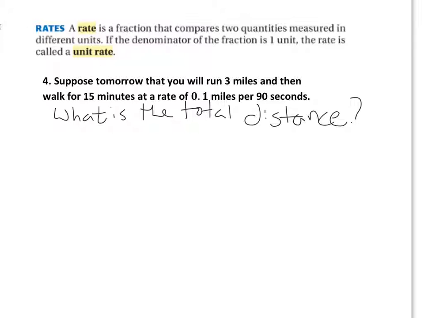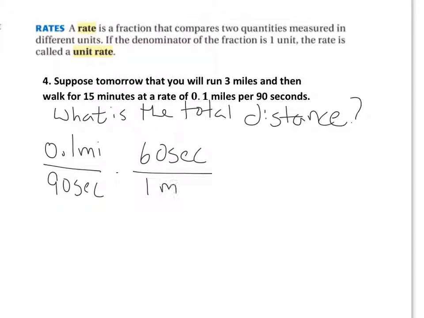Alright, but the big thing we have to look at here, guys, is see how you have 15 minutes and the rate is in miles per 90 seconds. So the first thing we have to do is change this to miles per minute. Well, how many seconds are in a minute? 60. So you have to do that per 1 minute.